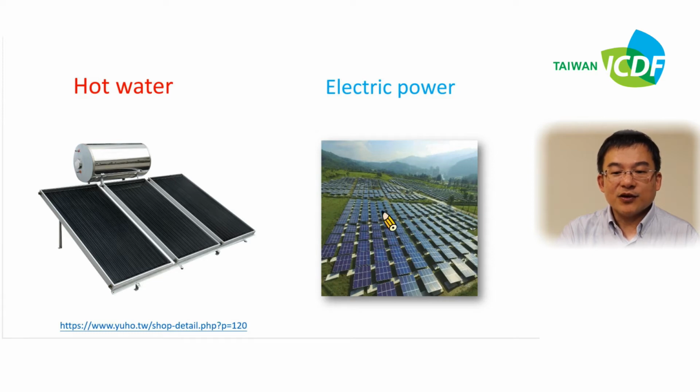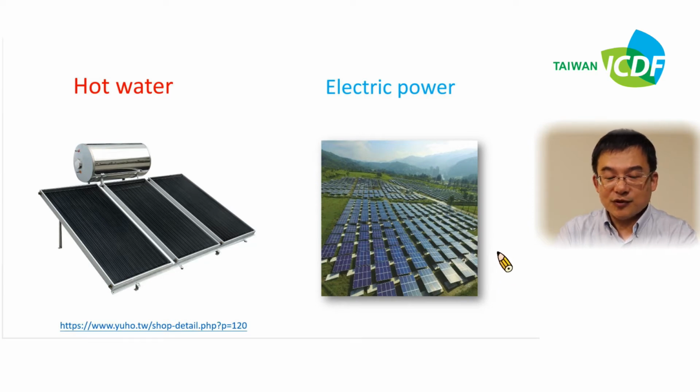This very beautiful picture is from Taiwan, the Taipei Energy Hill. This park provides more than 2 million watts per day for Taipei. So sun energy is very useful for our people.